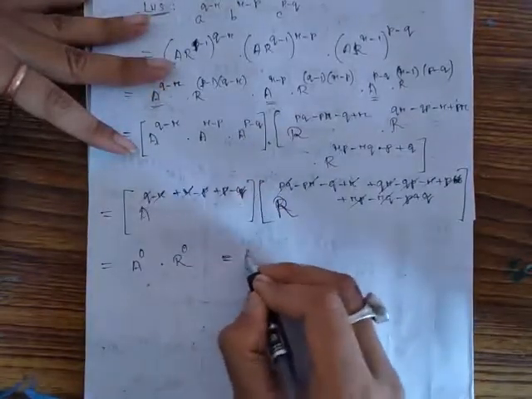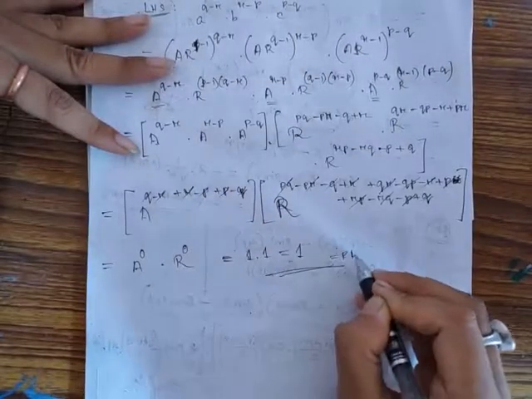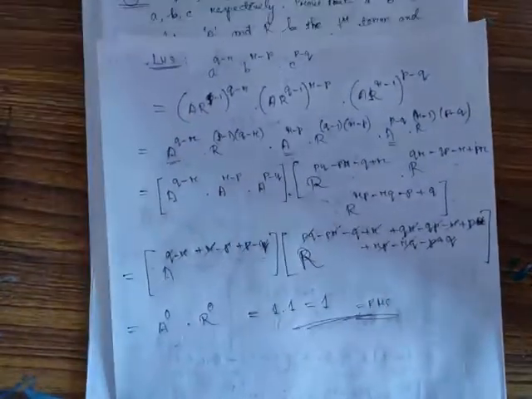Next, r to the power 0 means 1, a to the power 0 means 1, equal to 1, which is your right hand side. You are done with the solution.